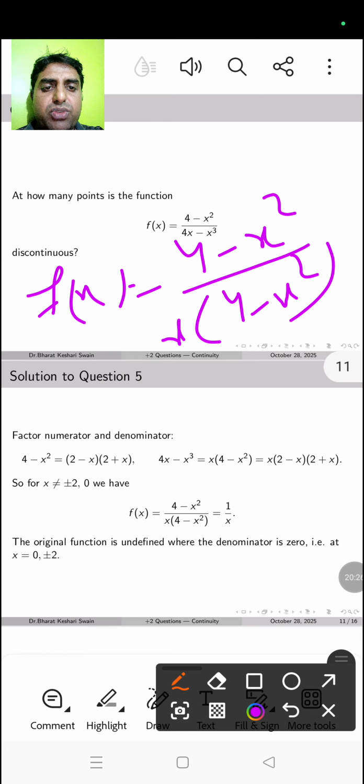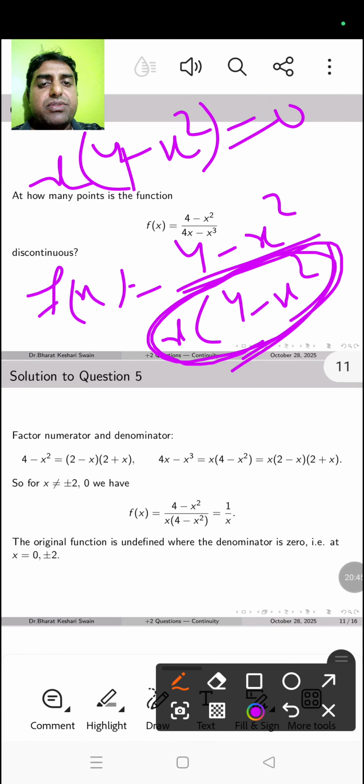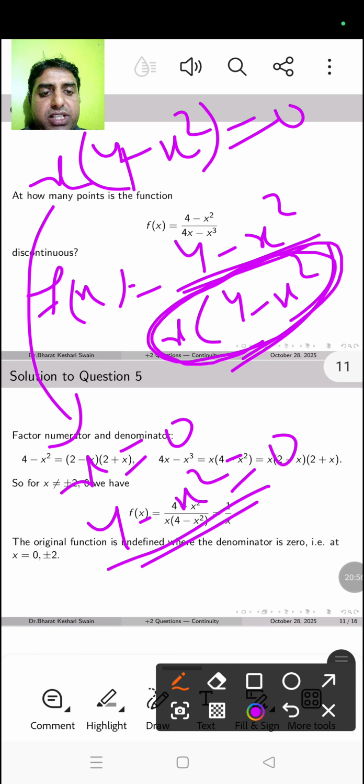When your denominator is 0, your function will be undefined. If x into (4 minus x square) is equal to 0, then x equal to 0 or 4 minus x square equal to 0. If 4 minus x square equal to 0, then x square equal to 4, then x will be plus minus 2.